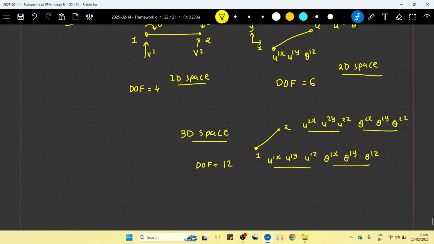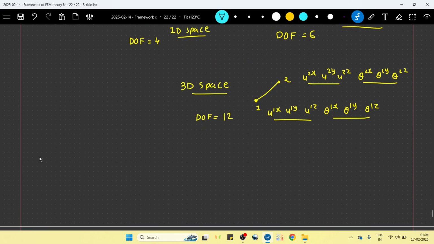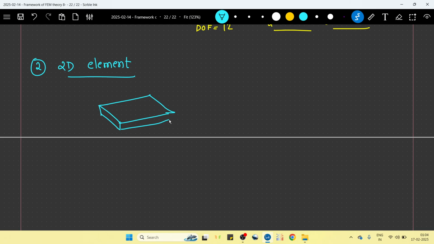Let's see the 2D element now. The second category, based on dimensionality of element, is the 2D element. So when we have a structure something like this, let's take this as x dimension, y dimension.